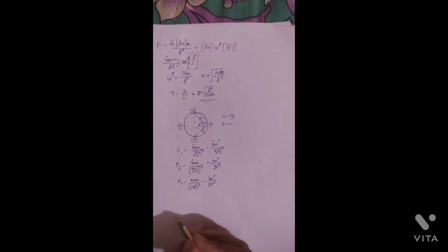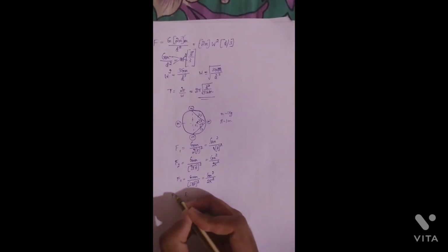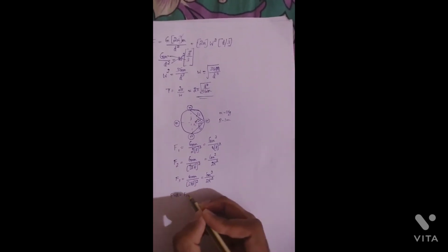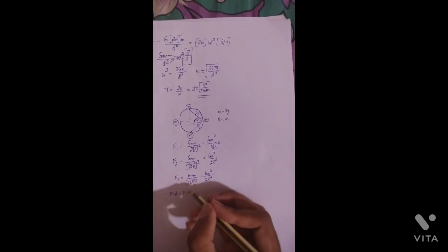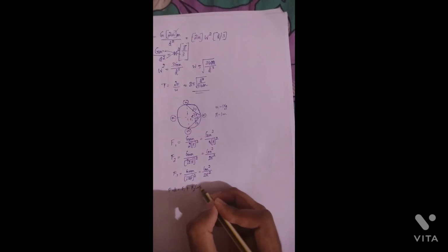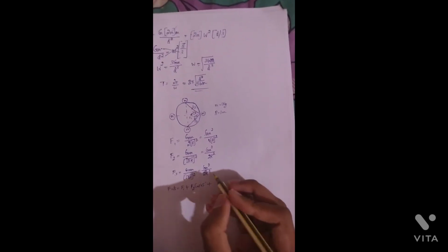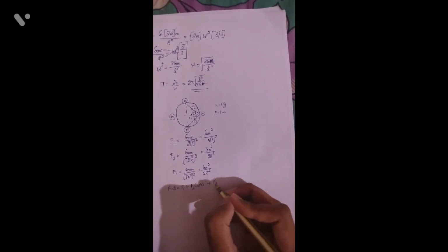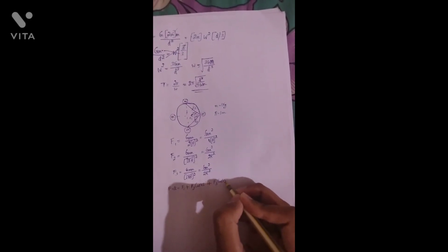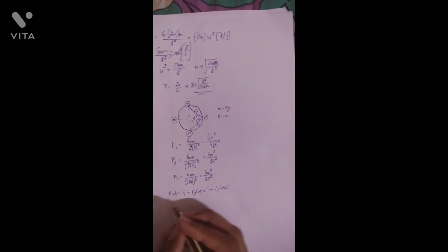Okay, so if you come to F net, means their cos theta sin theta, what will we get? F1 nothing is there, I just keep it as F1. So F2 will be cos 45, plus F3 cos 45. Next, let us put the formula now.